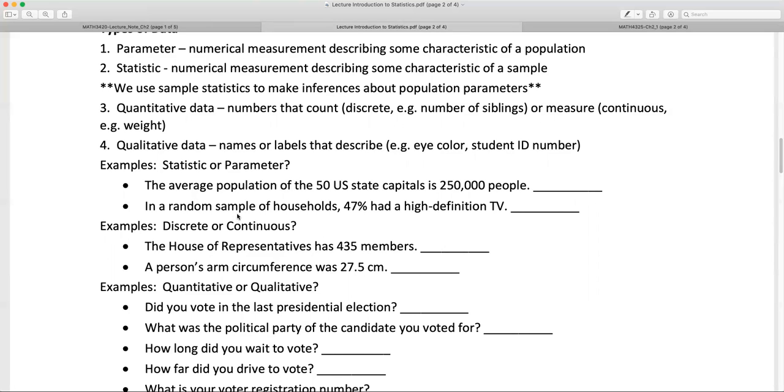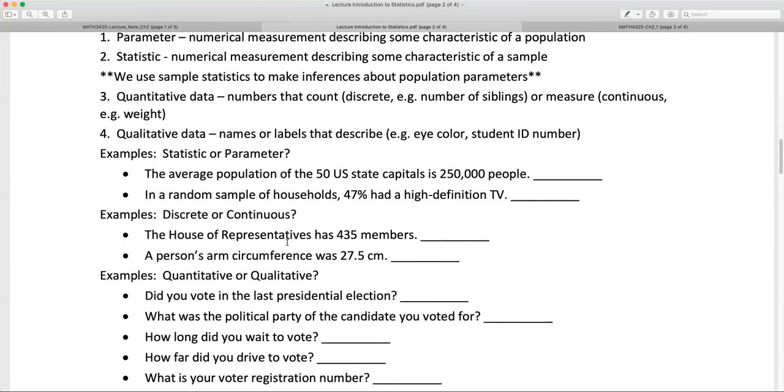And then in a random sample of households, from the sample we calculated 47%. 47% of the random sample of households had a high definition TV. So this should be a statistic.